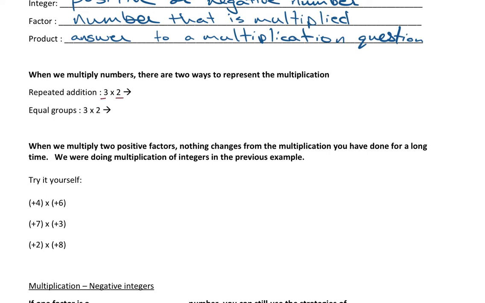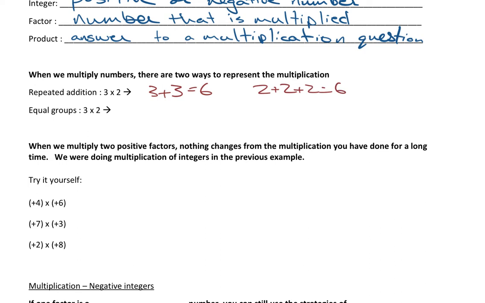These factors mean 3 groups of 2, or we can turn around, it can mean 2 groups of 3. So the repeated addition would be like 3 plus 3 plus 3 equals 9. Oh, I did that incorrectly. It would actually be 3 plus 3 equals 6, or 2 plus 2 plus 2 equals 6.